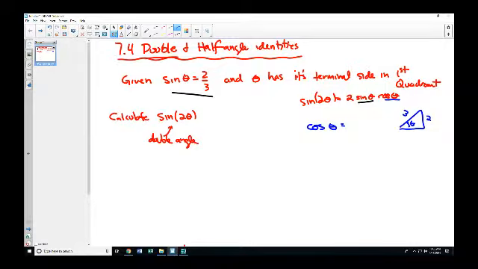We just need to know that value, right? So how can we find that value? X squared is what?